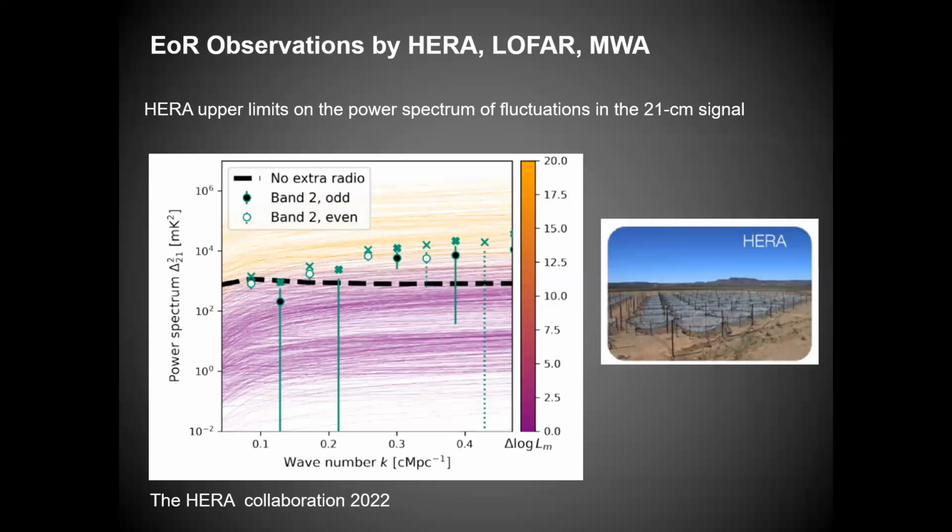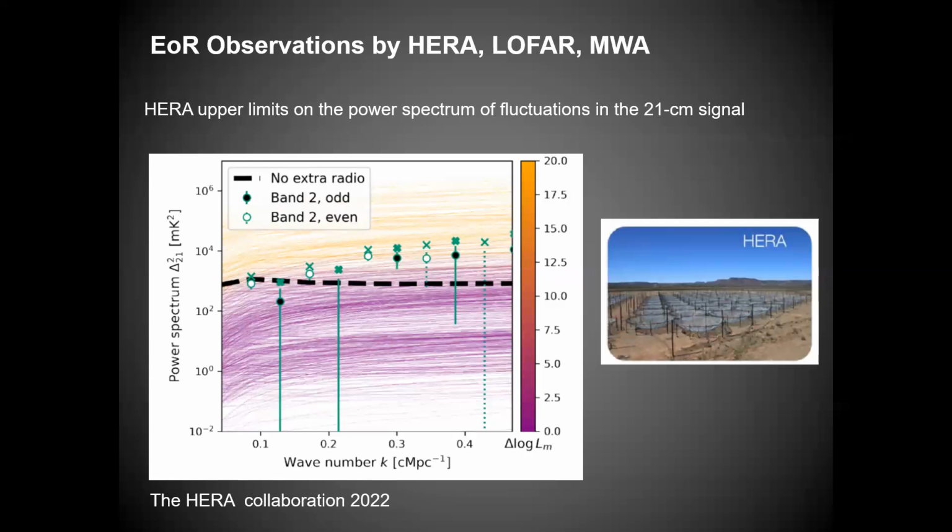And all these colorful lines are the models that we predict that might be realized in nature. Right, and so HERA has already power to reject some of the signals, which means it probes this astrophysical parameter space to some degree, but most of these models are still consistent with HERA data.